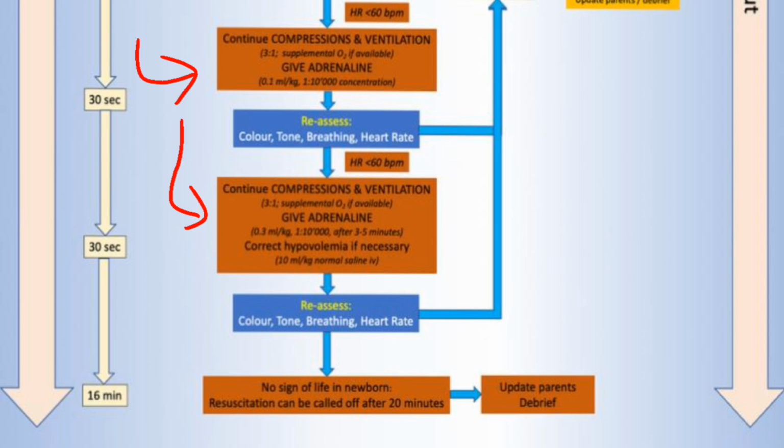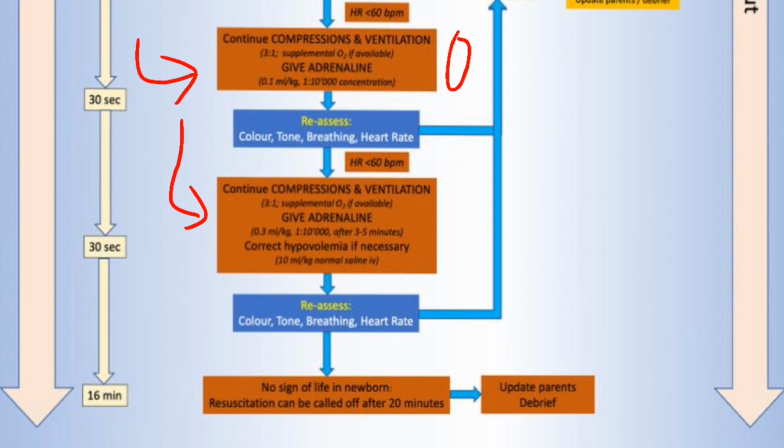You do your 3:1 ratio of supplemental O2 if available. You give adrenaline. Now here, initially we said you start with 0.1 to 0.2, but this one is just fixed. You just do 0.3 milligrams. At least you increase the dosage, because now I want to again increase the dosage to see if there will be any response. So on this part, bear in mind what you had started with.